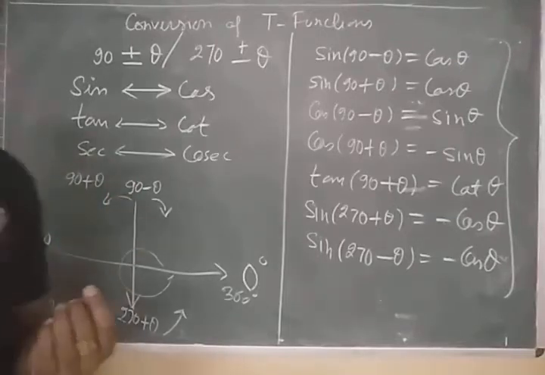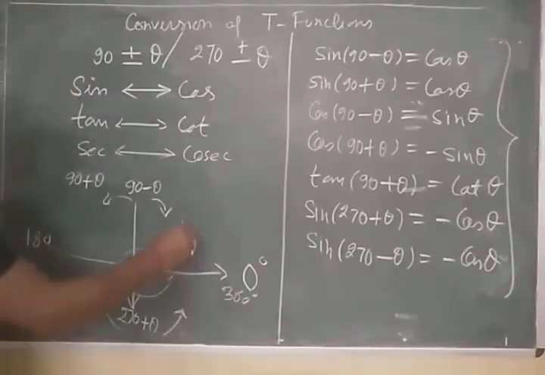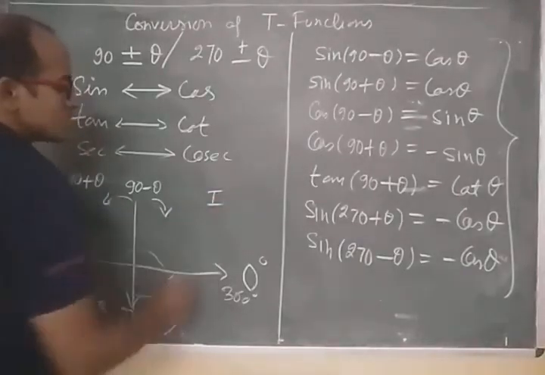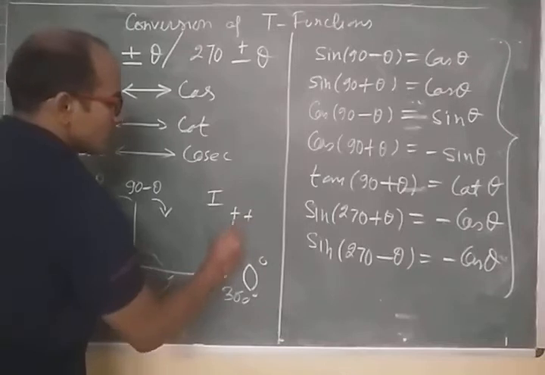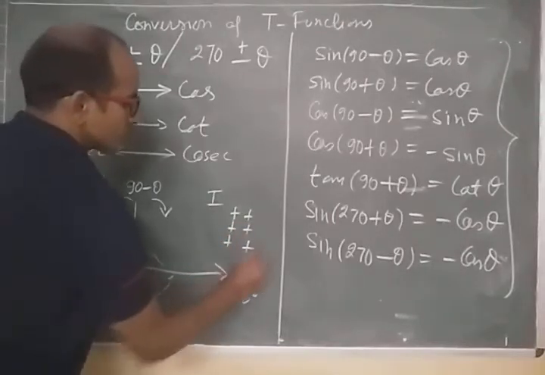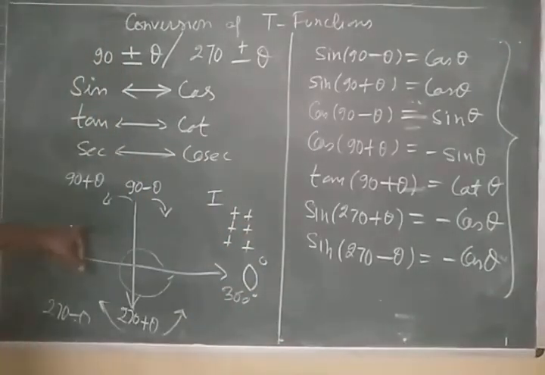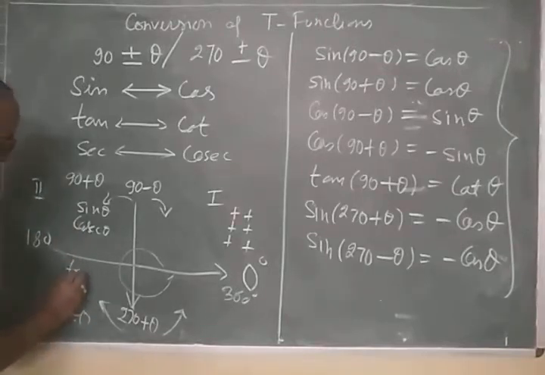Here, according to their sign means, if I say in the first quadrant, what is the sign of all the trigonometric functions? All the trigonometric functions are positive. You must know this from the last class. In the second quadrant, only two are positive: one is sine and the second is cosec, the reciprocal of sine. In the third quadrant, only two are positive: one is tan and the other cot, the reciprocal of tan.